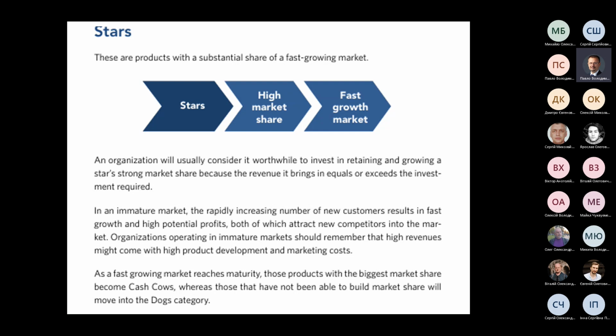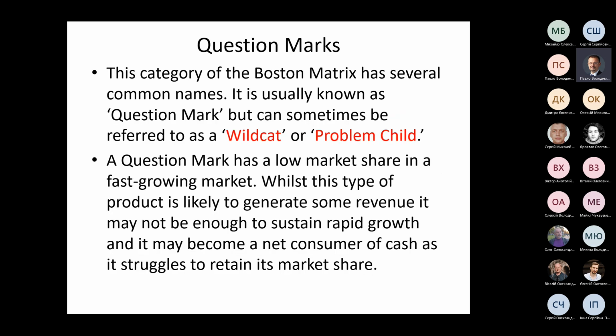And it means that we have a big market share, but we cannot have the profits from this market, because this strategical business unit is the acceptor of the money. This strategical business unit needs the money support.